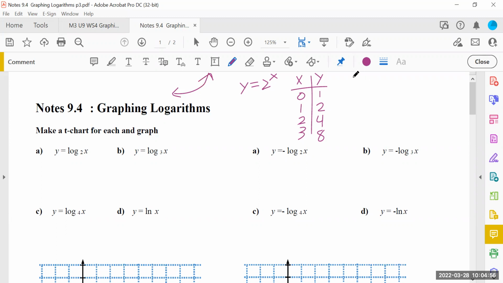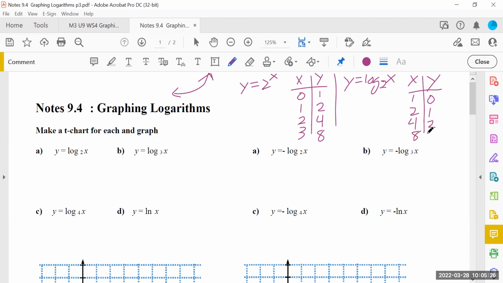So then if I want to graph y is equal to log base 2 of x, it's the same numbers, but the x's and y's are switched. So if I put in 1 for x, I get 0 for y. If I put in 2 for x, I get out 1 for y. If I put in 4 for x, I get out 2.